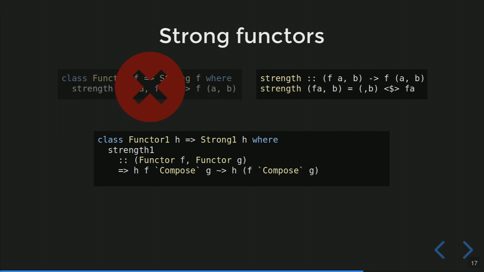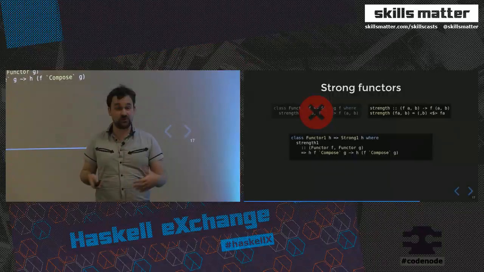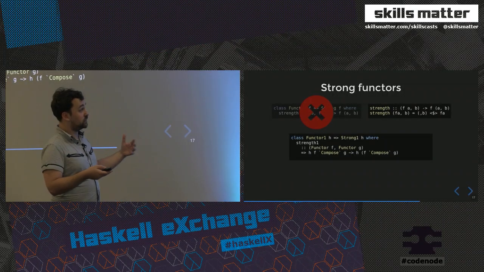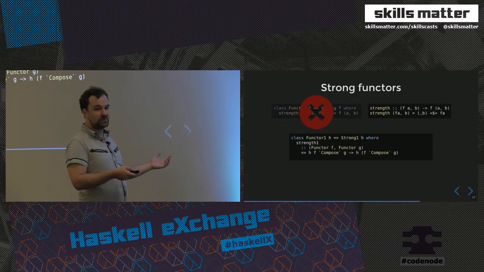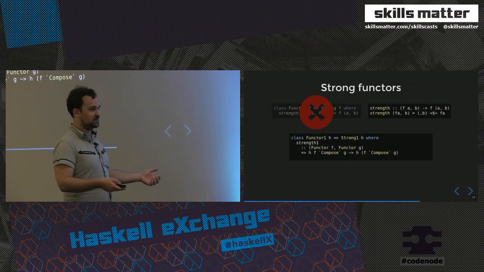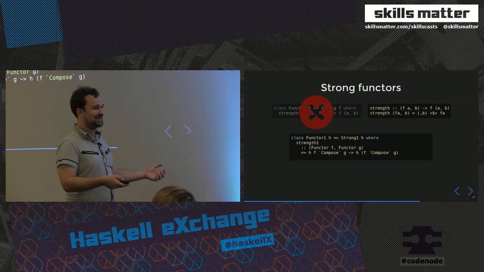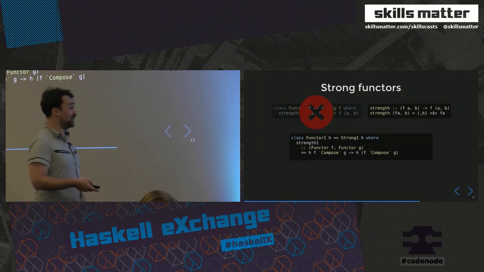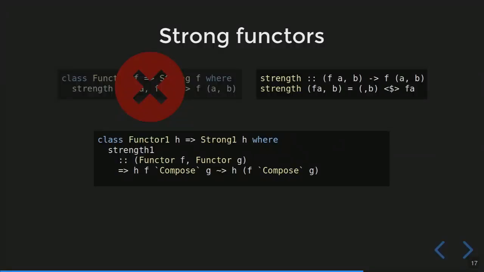It's also a valid product, and strength is relative to some notion of product. So here, we just define functors of functors which are strong with respect to that particular product of functors. Easy. It turns out it's a very, very natural notion. It's exactly the same thing as strength here, except I've replaced the comma by compose.